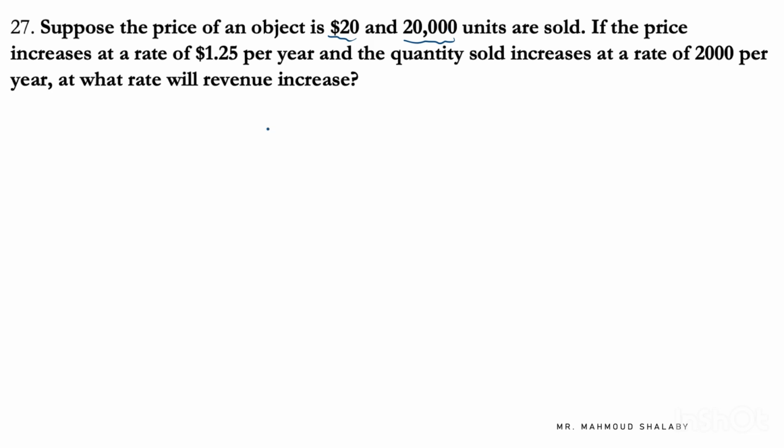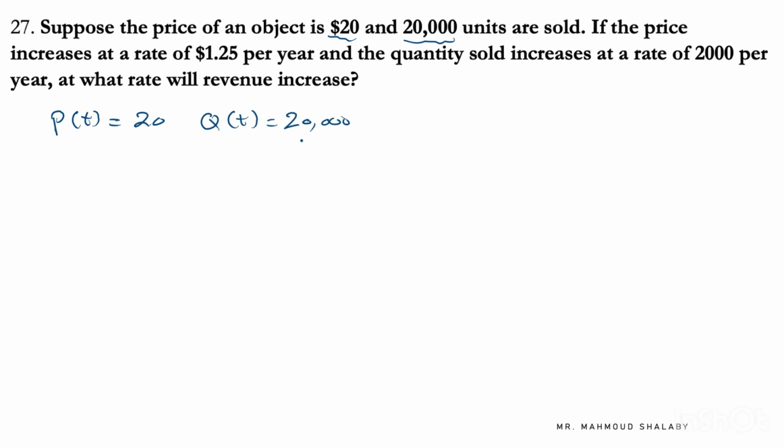All right. In this case, first of all, I have to say that, let's say p of t, like the price of an object is $20. So p of t equals 20, and we have the quantity, q of t equals 20,000.